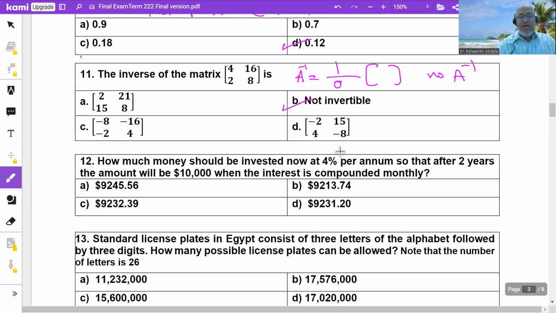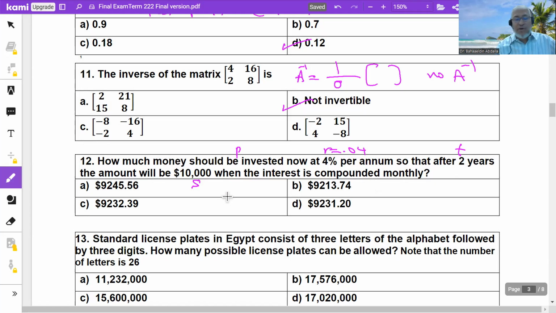How much money should be invested now? So he's asking about P, the principal, at 4% per annum, this is R = 0.04, so that after 2 years, that's T, the amount will be, that's the future value, when the interest is compounded monthly.